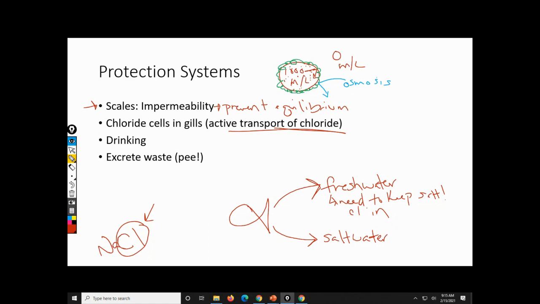The ocean's super, super salty. Salt you can taste. So, if I have less salt than the space around me, do I need to keep salt in my body or make sure I'm continuously excreting salt? I need to excrete salt. Good.